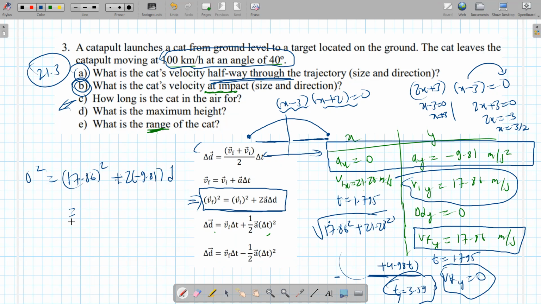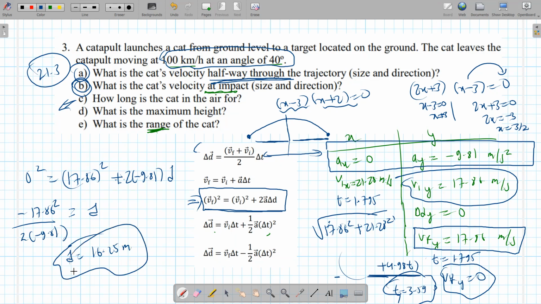You just use the math first. You subtract 17.86 squared on both sides, and then you divide by 2 times 9.81. This is a linear equation, this is simple. So 17.86 squared divided by 2 times 9.81. Then I get a maximum height of 16.25 meters.